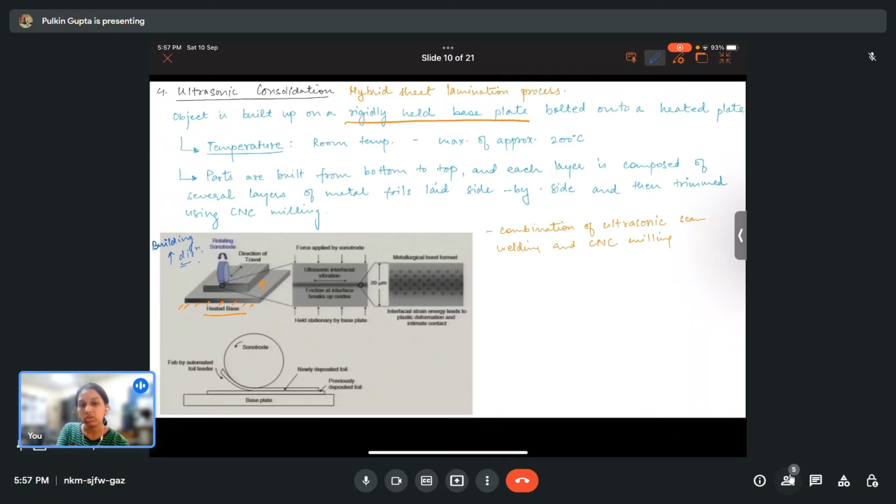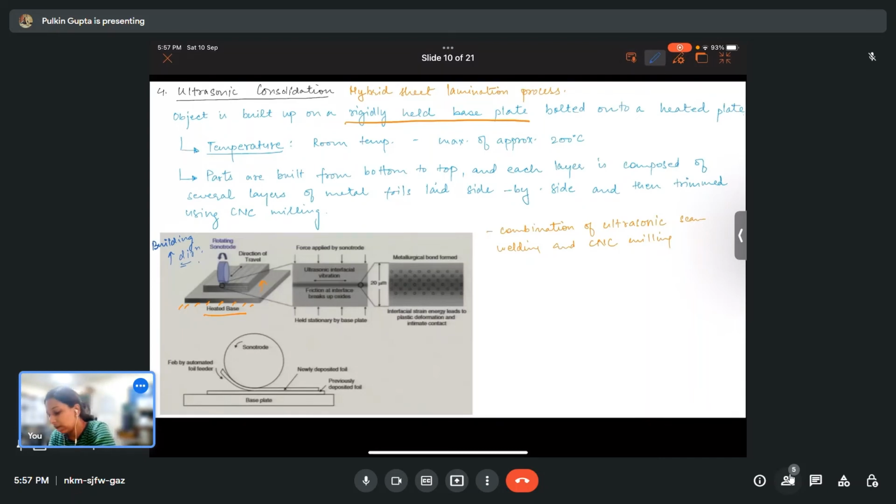So this was ultrasonic seam welding and CNC milling. During this process, you have a sonotrode. It keeps on rotating along the path at a particular speed. And why does it keep on rotating? So that the foils are held in contact with the base plate or the previous layer, and they are bonded together in a proper manner.